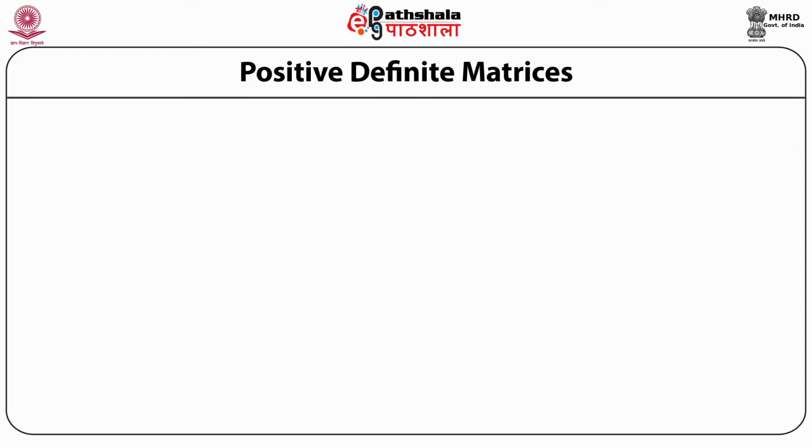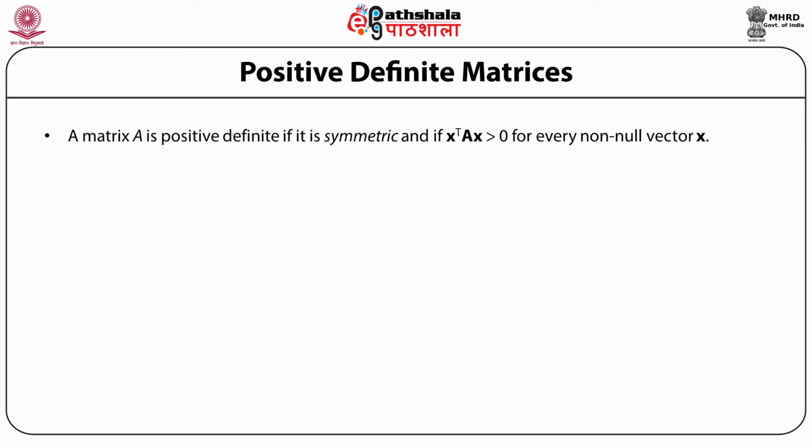Positive definite matrices. A matrix A is positive definite if it is symmetric and if x transpose A x is greater than 0 for every non-null vector x. Let us see an example, a 2 cross 2 matrix with elements 2 1 1 4.